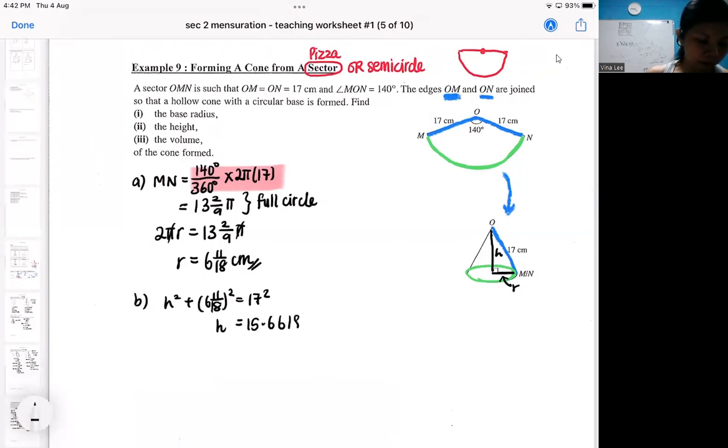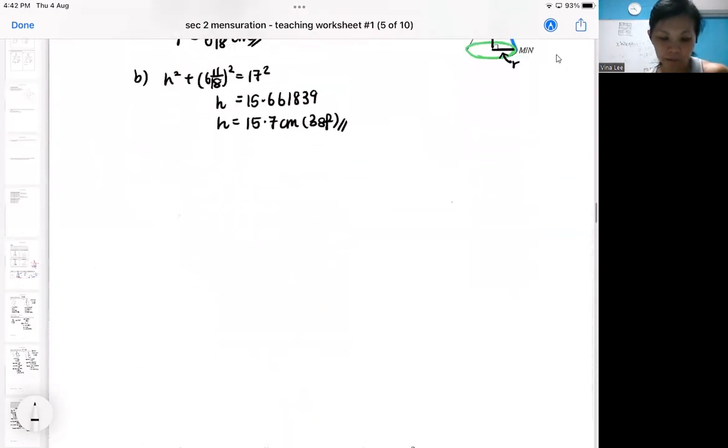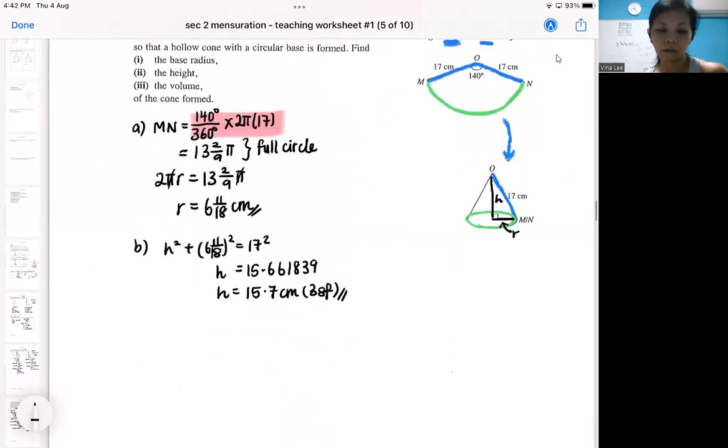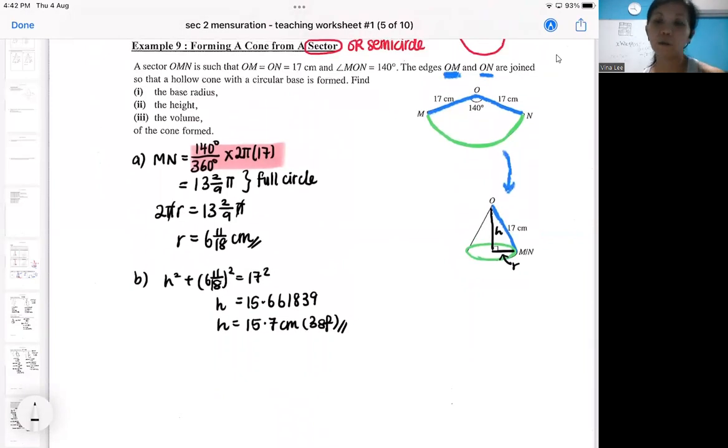So again, if it's not a very nice answer, I try to write a little bit more before I give the 3 SF. Let's check the answer. Even though I gave 3 SF, if I'm going to use it in the next part, I will not use 15.7. I will use the long chain of decimals.